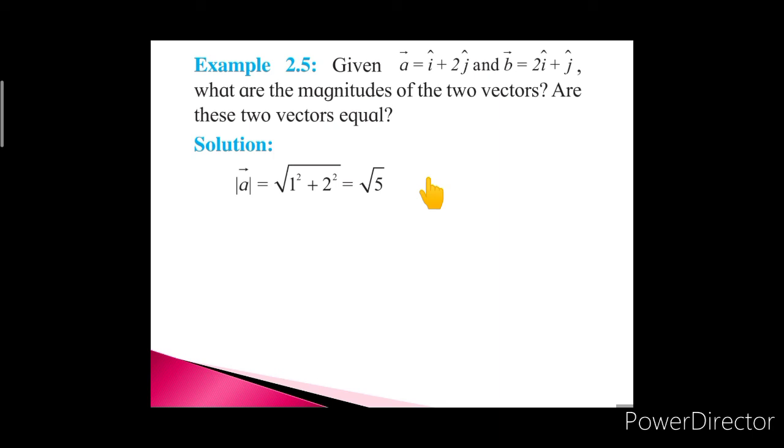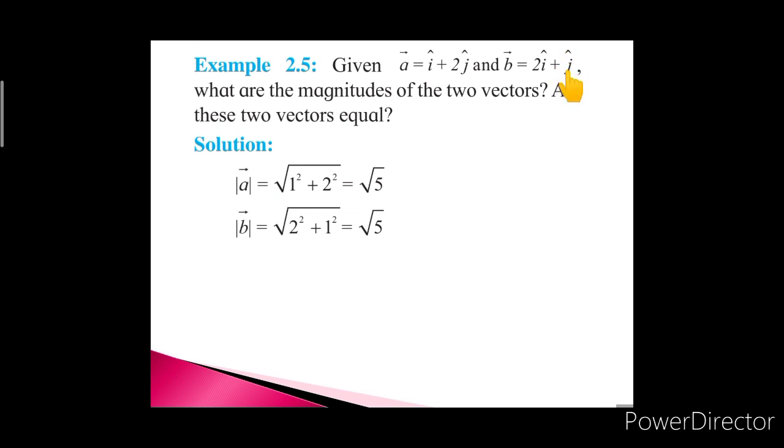Similarly, we can find out the magnitude of vector B. Here we take the square root of the magnitude along the x-axis, which is given as 2. We take its square, that is square root of 2 square. Now put a sign of plus. Then the magnitude along the y-axis is given as 1, as it is 1 into j cap.